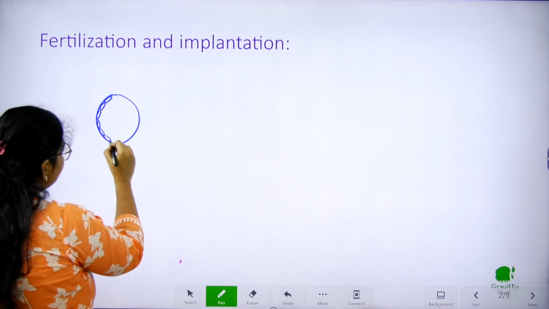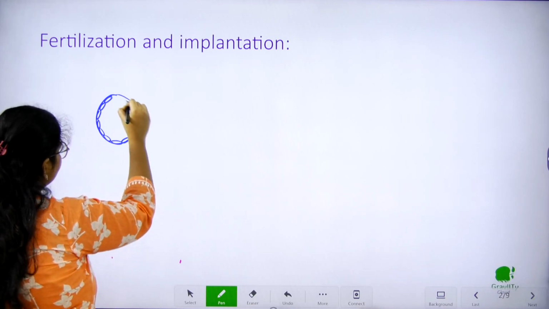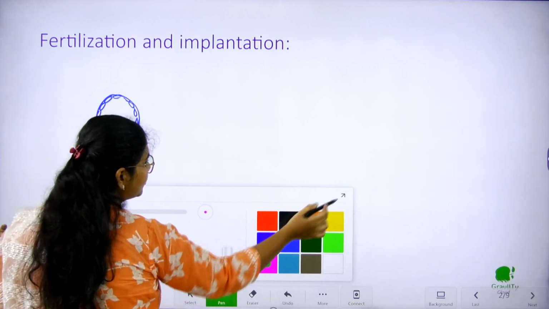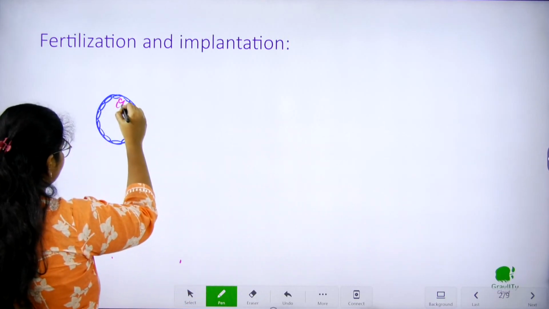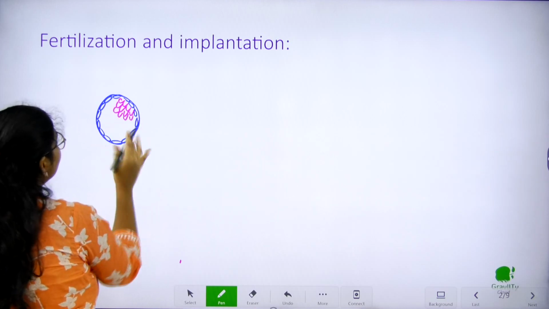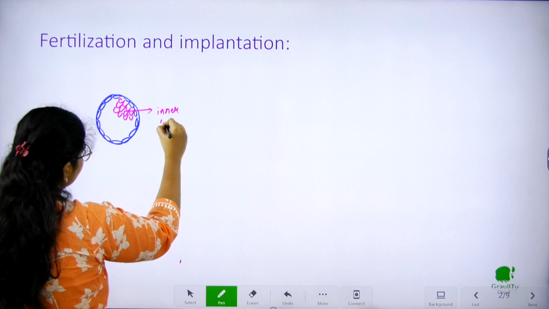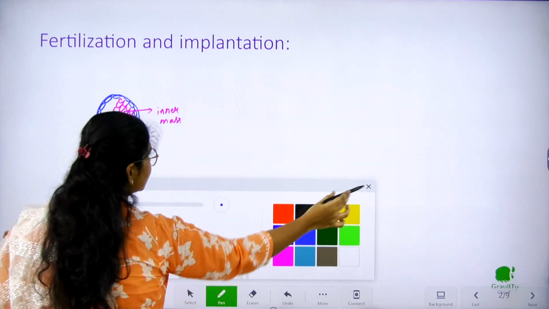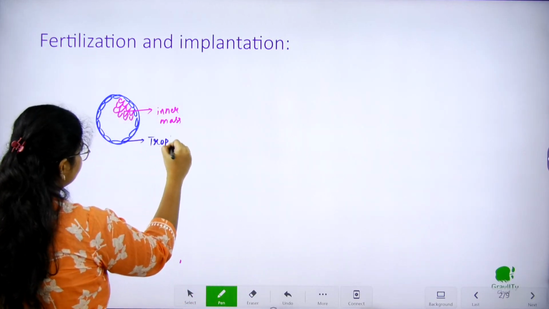The outer cells become flatter, and the inner mass of cells moves to one region, to a corner region like this. Right, everyone? So you have the inner mass and the outer mass. The outer mass of flat cells, we call them trophoblast cells.